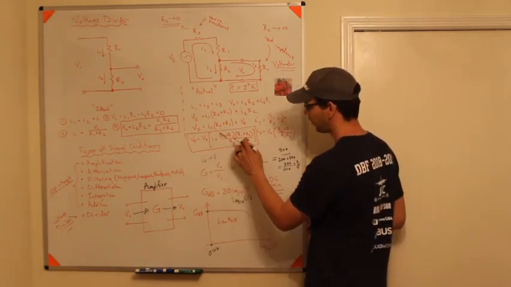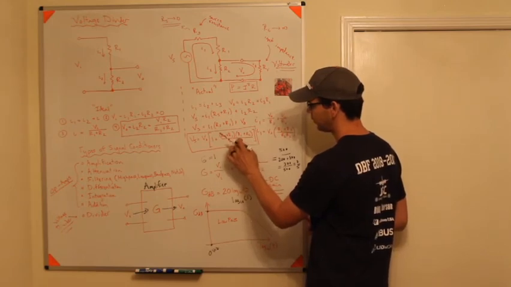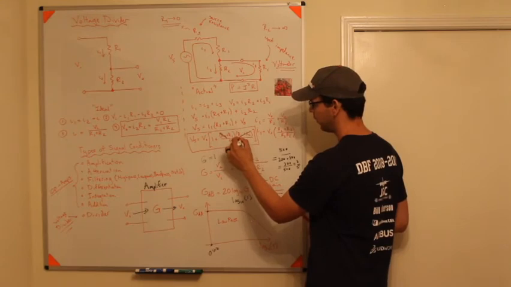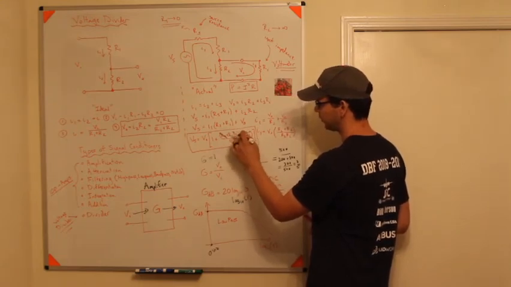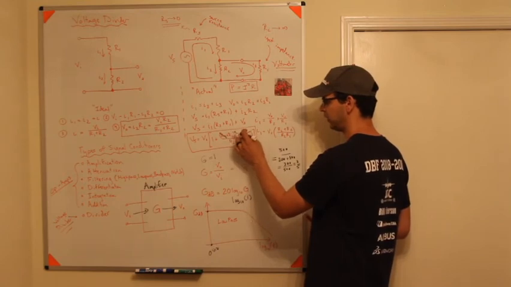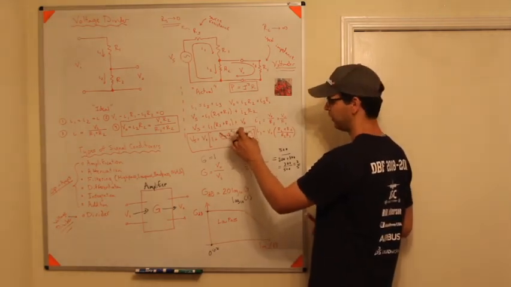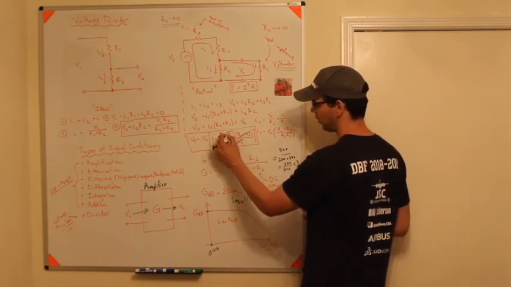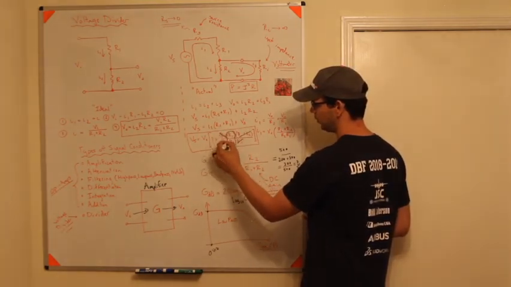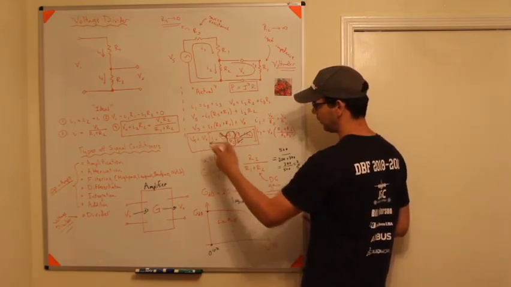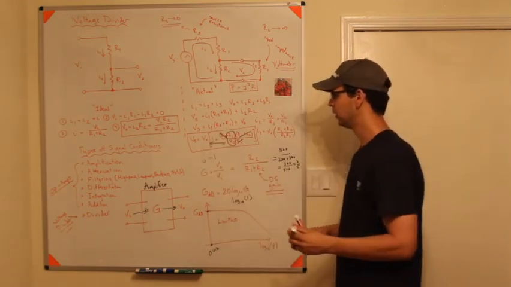And then if Ri went to infinity, this term would cancel with this term, right? Ri plus R2. If Ri is infinity, infinity plus something is basically just infinity. And you have infinity divided by infinity, those will cancel. You'll end up getting R1 plus R2 plus 1, right?